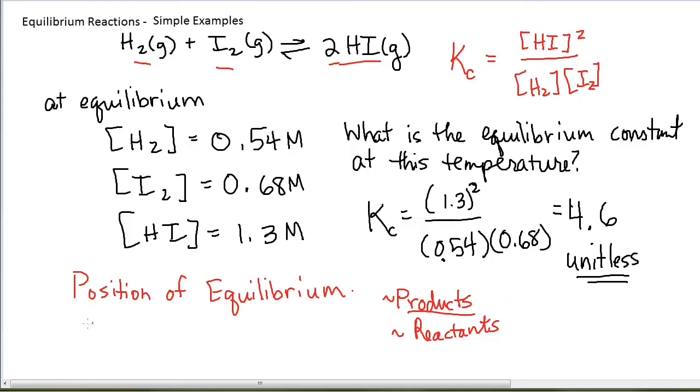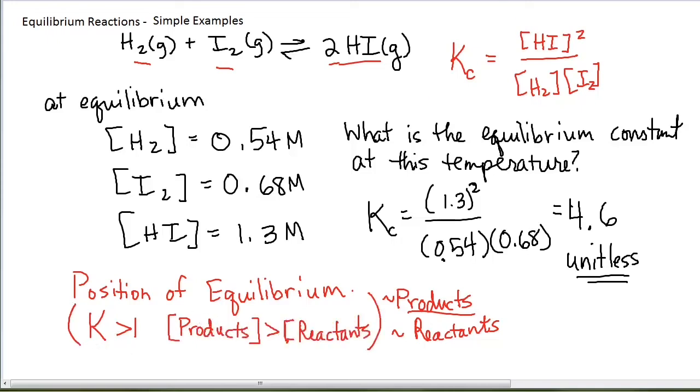If my equilibrium constant is greater than 1, that means this ratio gives me a numerical value that's greater than 1, which means my products are in higher concentration than my reactants in general. So an equilibrium constant that is greater than 1 is often referred to as a product-favored equilibrium. The position of the equilibrium is product-favored. Or I can talk about the equilibrium lying to the right, since there are more products.